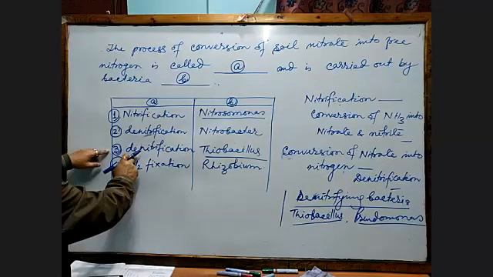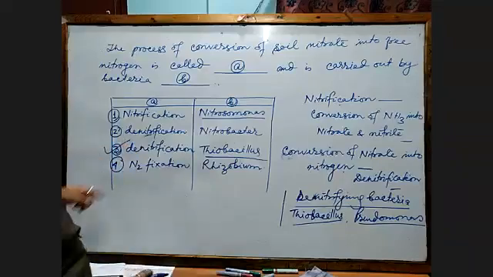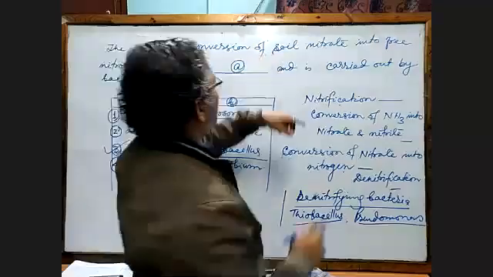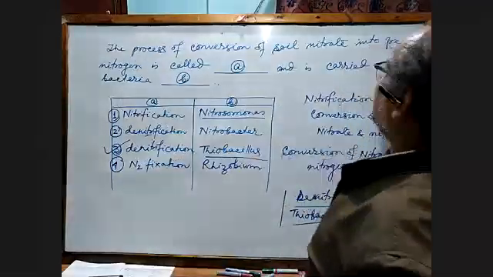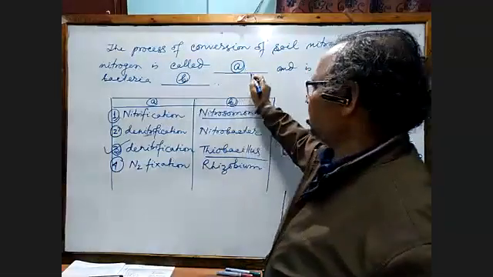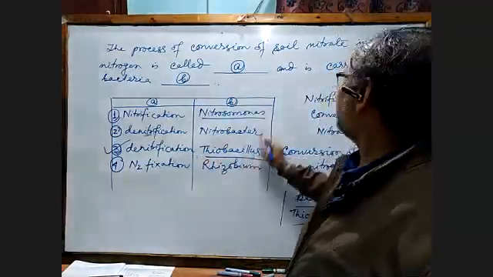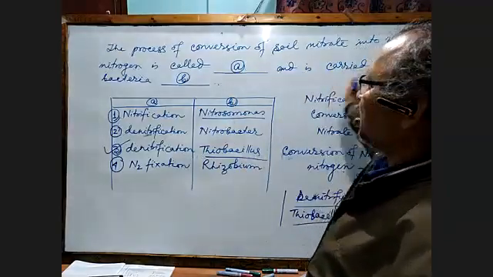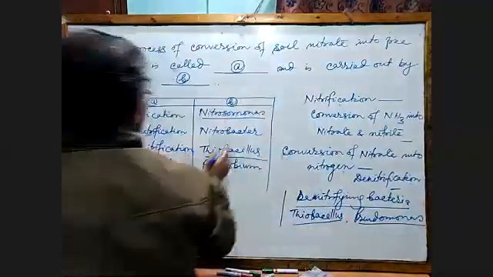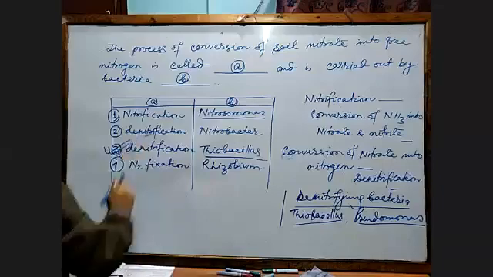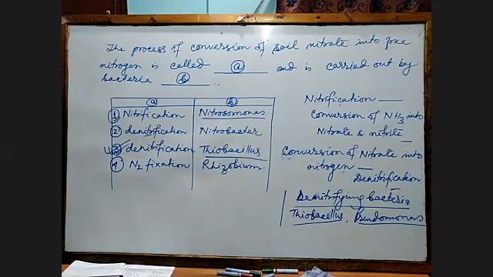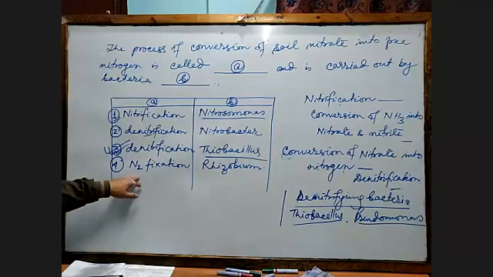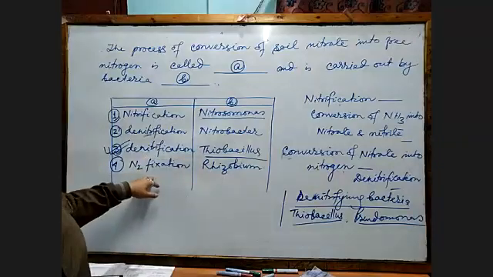So here our answer is denitrification. This conversion of soil nitrate into free nitrogen is called denitrification and is carried out by the bacteria Thiobacillus. So this is not the process of nitrogen fixation.